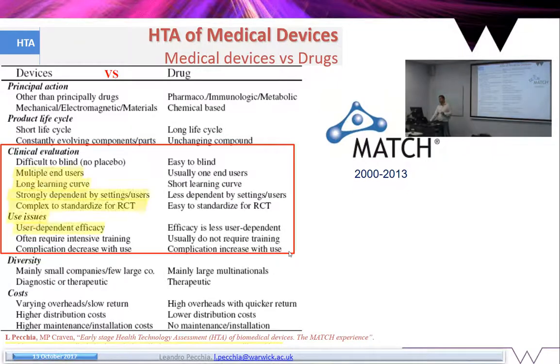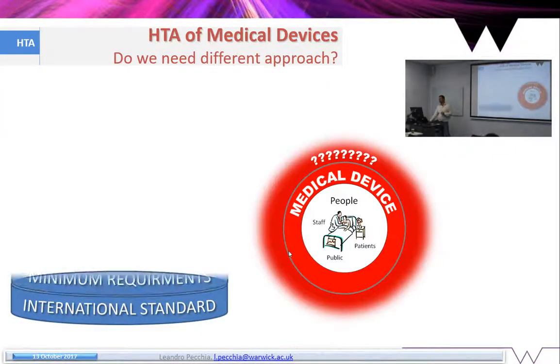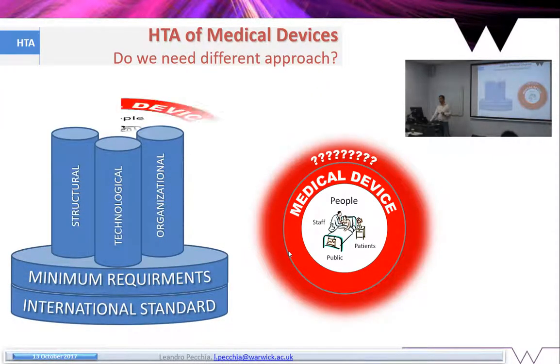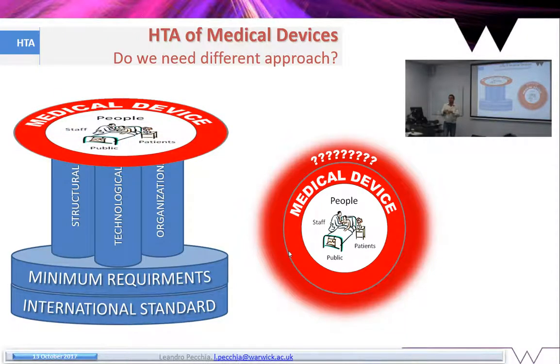And the other thing that we will cover together is that medical devices, and that's in the remit of biomedical engineering, especially clinical engineering, are strongly dependent on the environment in which they are used.